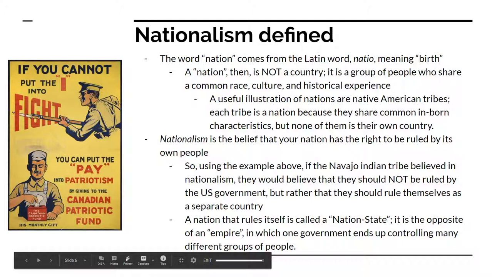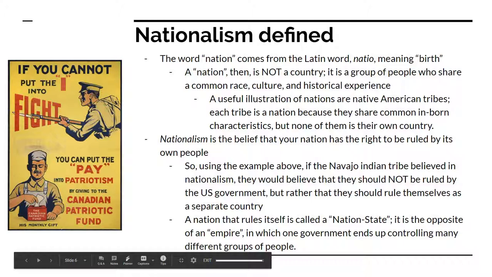That's nationalism. So in the end, the goal of nationalism is to create a nation state. That is a political idea. A nation that rules itself, a nation that has a government made up of its own people, is called a nation state.